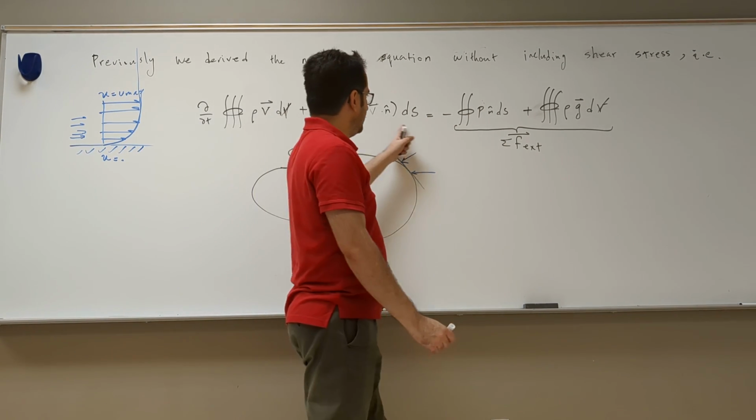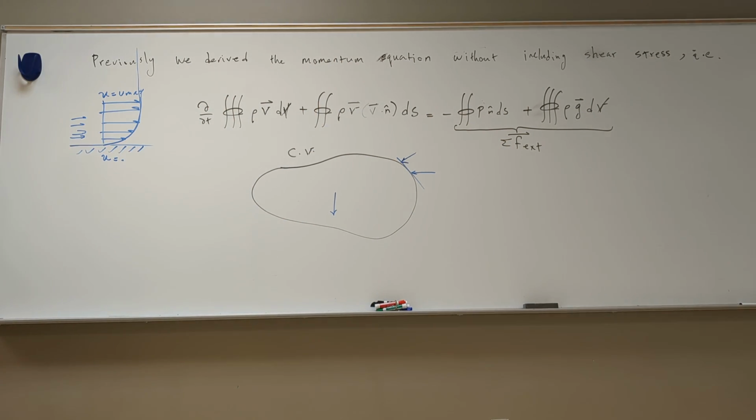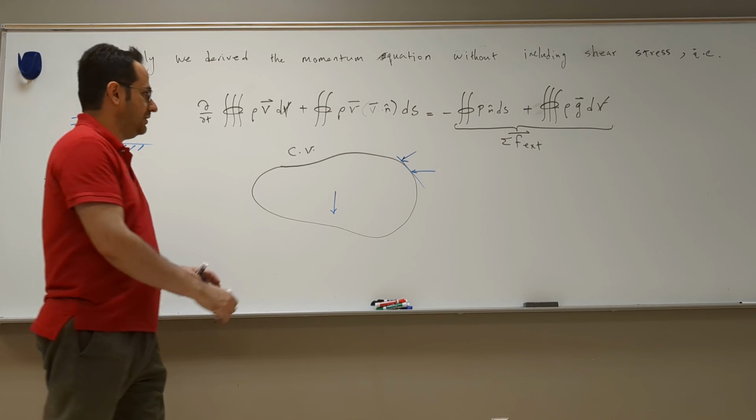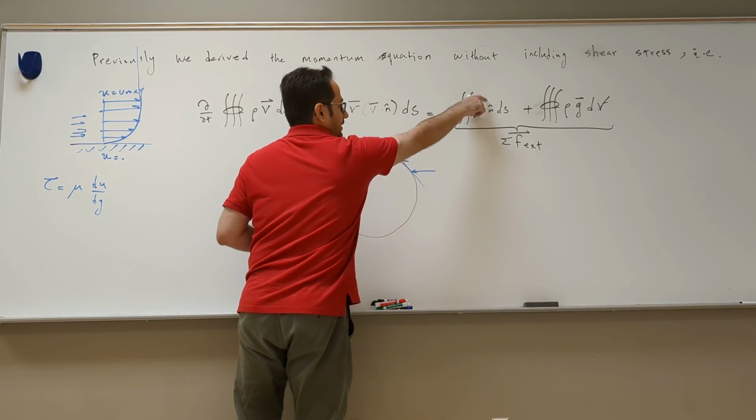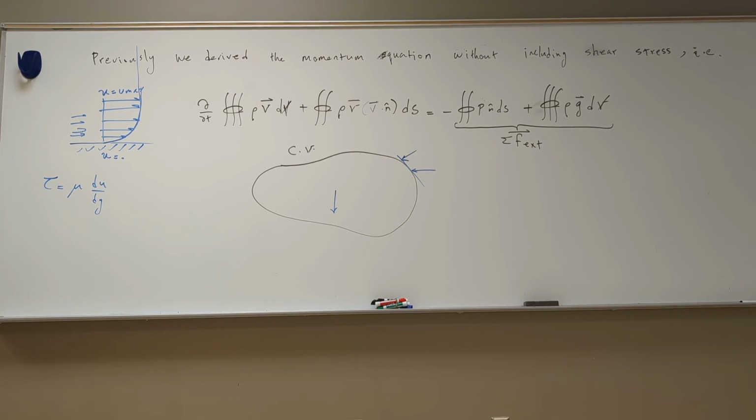So if I want to have the correct form of the momentum equation, the very, very correct form, I have to also include the friction or shear stress. We had it in the beginning of class, the shear stress is equal to mu du dy. It's proportional to the gradient of velocity. If I can somehow include this, and obviously it's a surface integral because it only acts on the surface of this control volume, then I'm ready to do momentum with viscosity, with shear, and they call it the viscous momentum equation.